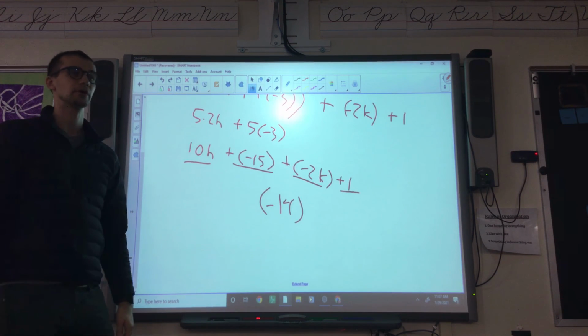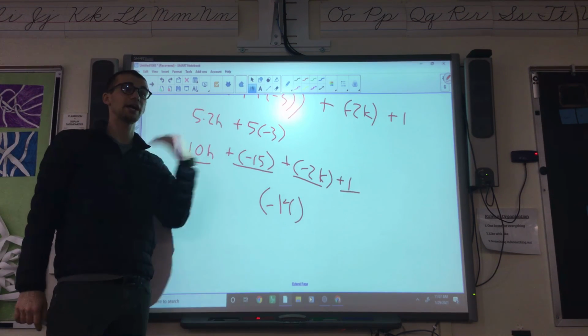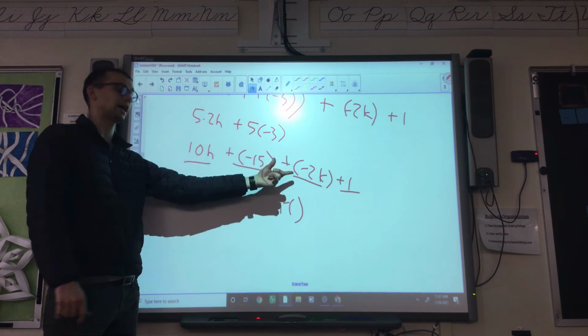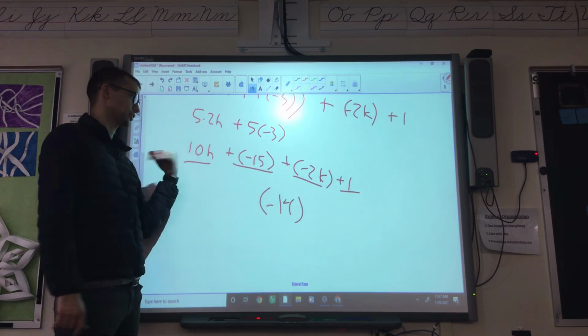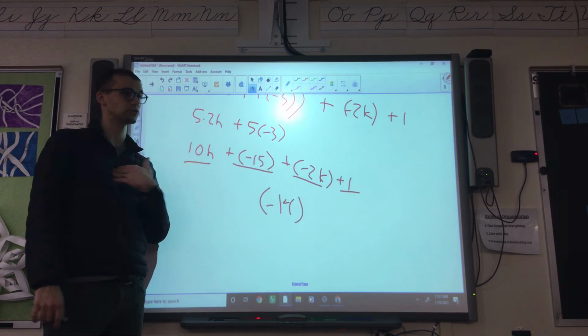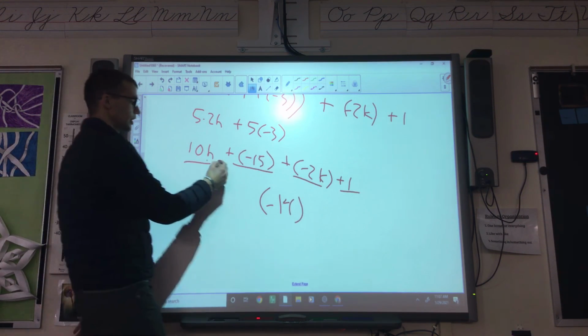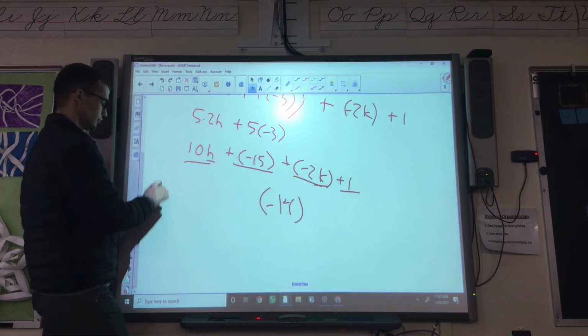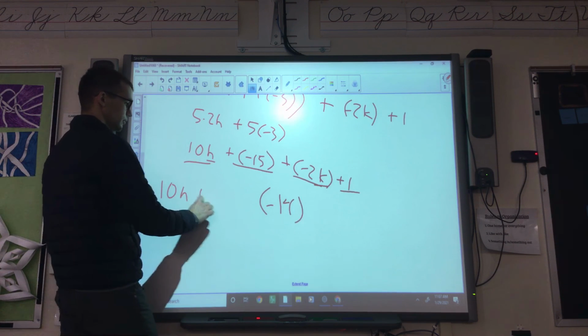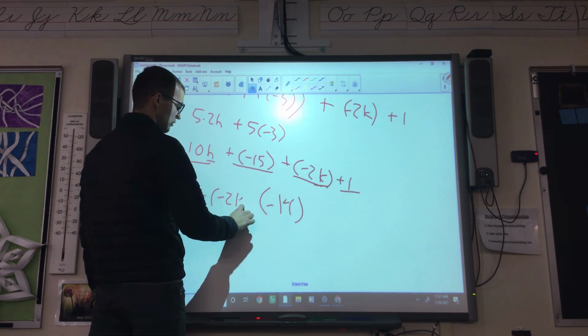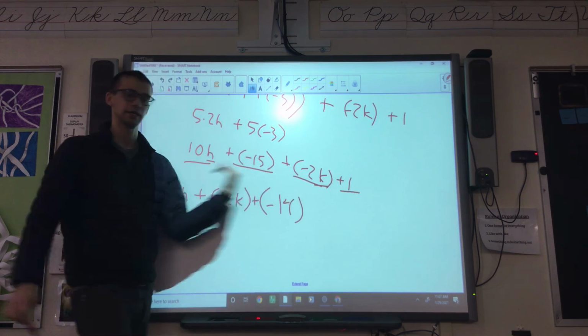They're called different variables. And that's a common mistake that sometimes, to be completely honest, I wasn't trying to trick you right there. I actually thought, hey, these are the same variable because I was just used to it. So you have to check: do they actually have the same variables or not? They don't. So you would actually just say 10h plus a negative 2k plus negative 14.